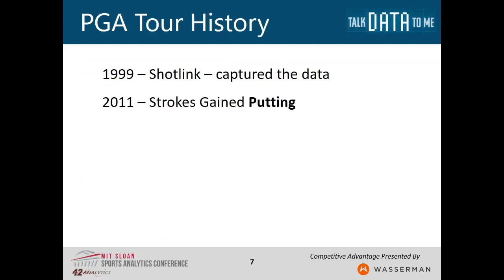In 2011, the Tour added strokes gained putting. So we finally had a very accurate measure of whether someone was a good putter or not, and the rest of the game we were left to the myopic statistics. 2015, they added strokes gained tee to green. I found this interesting because it really was no added intelligence. It was just the difference between the strokes gained putting and whatever the strokes lost or saved was in total.